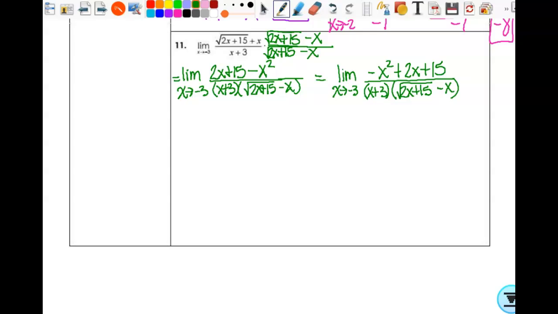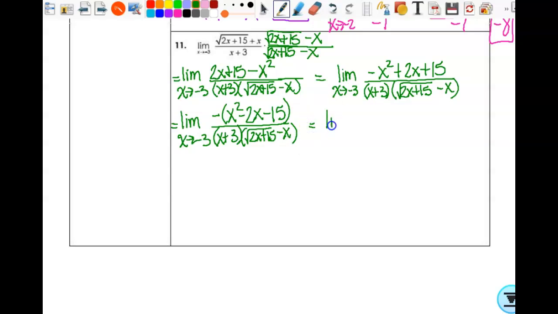Now in the numerator, I want to factor that, but I would really like that first term to be positive. So I'm going to factor out a negative. I'll get the limit as x approaches negative 3 of negative, and then x squared minus 2x minus 15. And then I rewrite everything else. Now I'm going to factor that numerator.